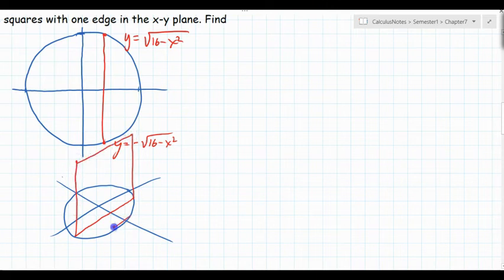And we can draw several of them. Here's another square coming up out of the xy plane. And then back here, another square coming up out of the xy plane. And so if we draw several of those squares coming up out of the xy plane, we get a solid that looks like this.